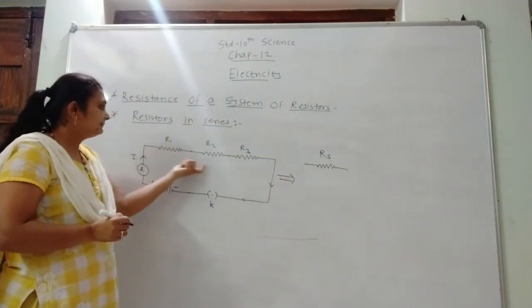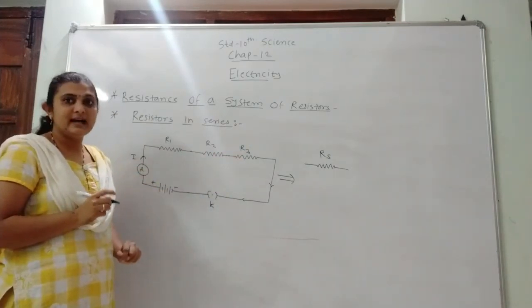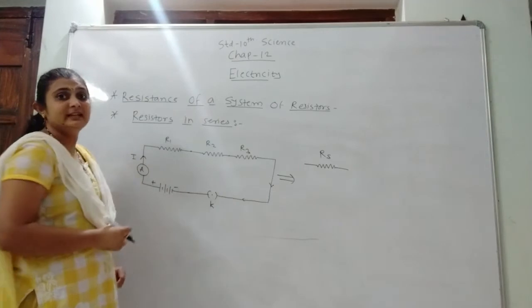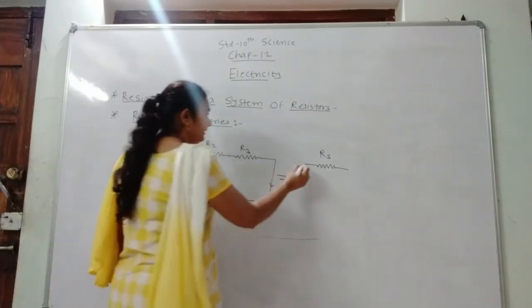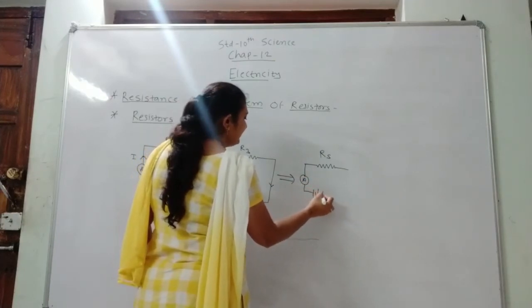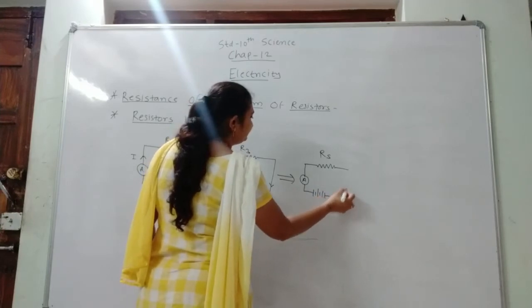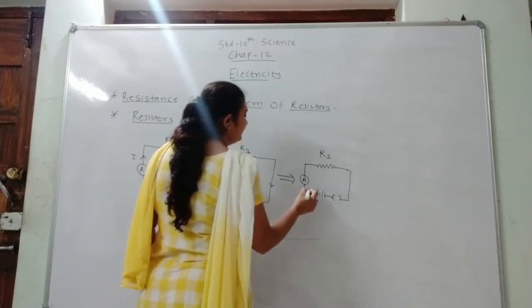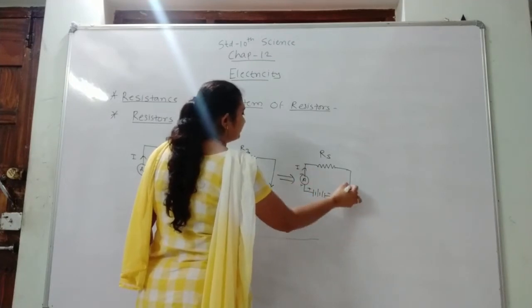Using Rs in place of these three, our circuit will be short. Here ammeter same as before, battery, key, and we complete the circuit. Positive, negative, current I flowing through the circuit.